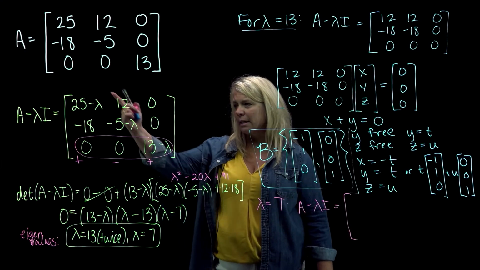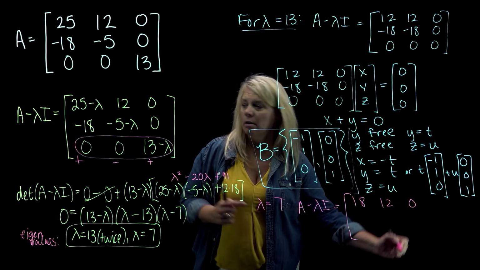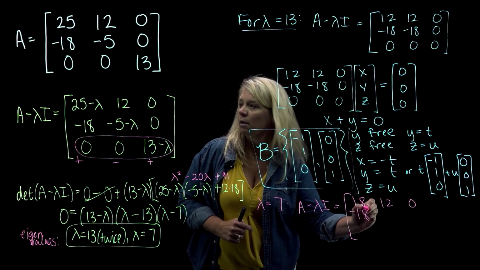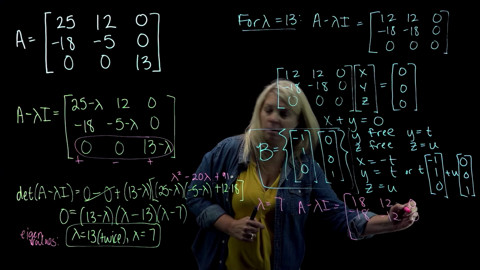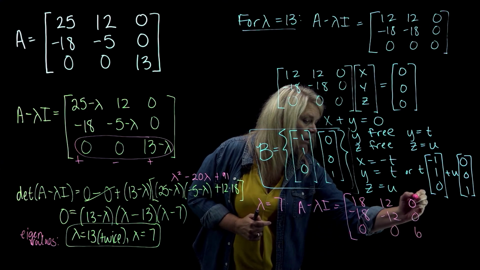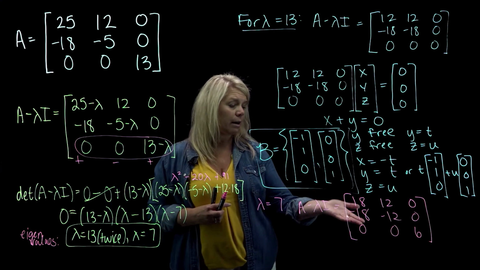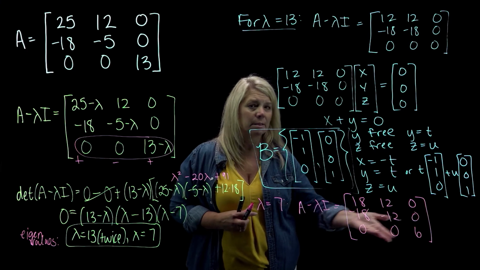All right, so I'm going to be putting 7 into my matrix over here. And again, what I'm looking for is a basis for the null space of this matrix.